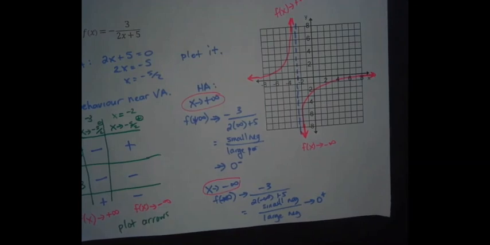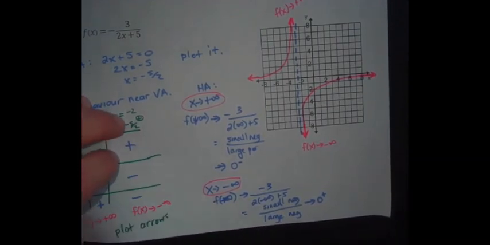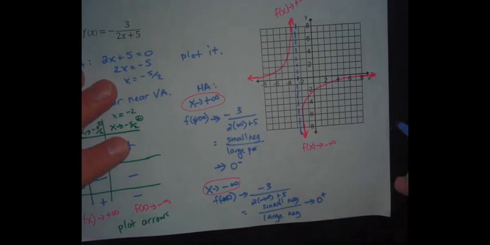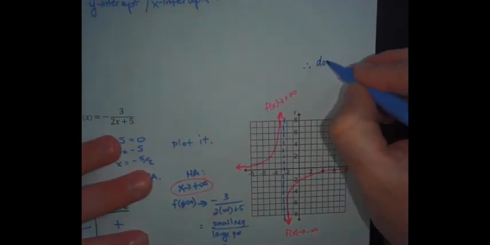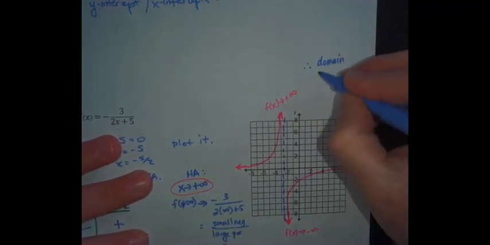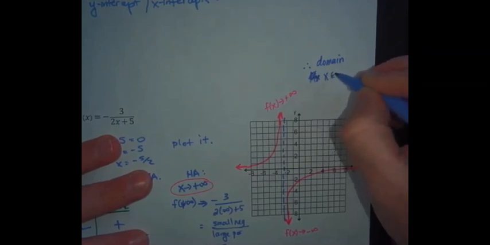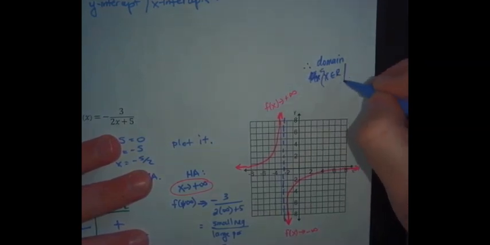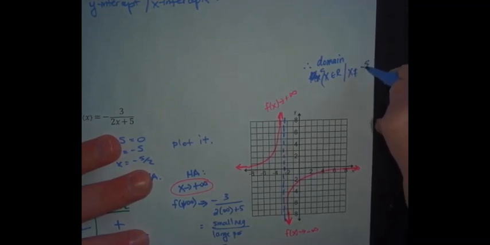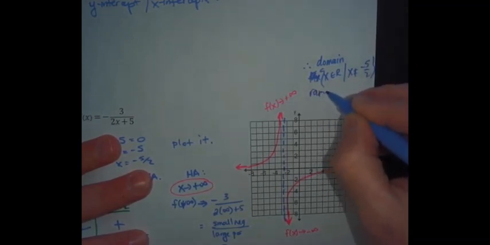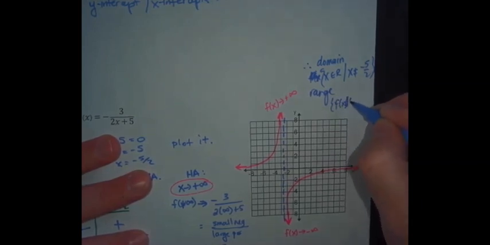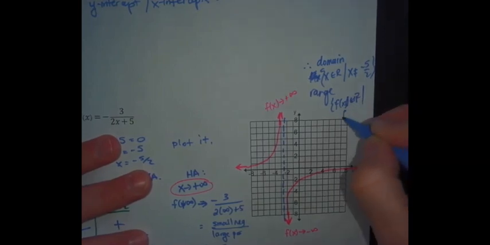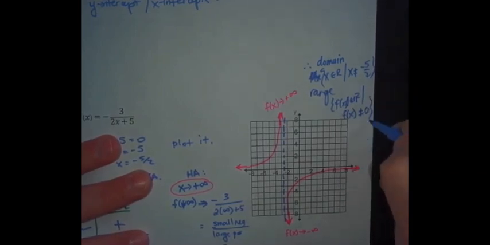All right, in that case now, we can just state our domain and range. Our domain and range can be based off the picture. So here, the domain is x such that x cannot equal negative 5/2. My range is f of x such that f of x cannot equal 0.